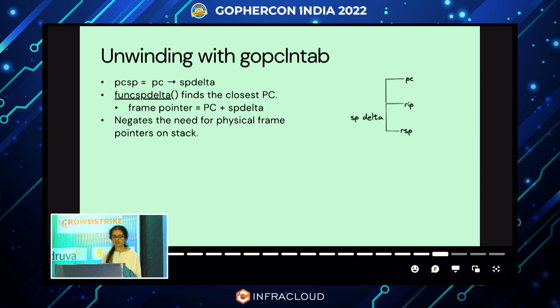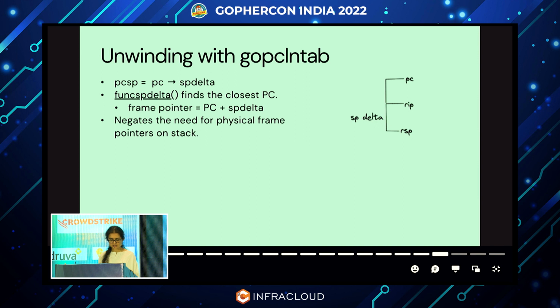So this metadata, the one we just got, contains a PCSP offset into the table. Now a PCSP maps program counters to SP deltas, stack pointer deltas, like you can see in the diagram. And funcspdelta does a linear search till it finds the closest PC SP delta pair.